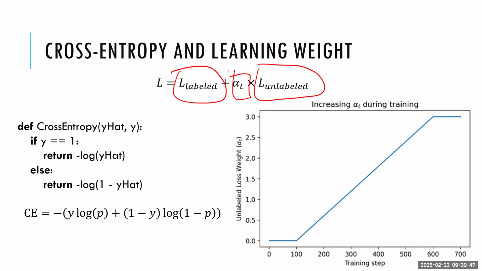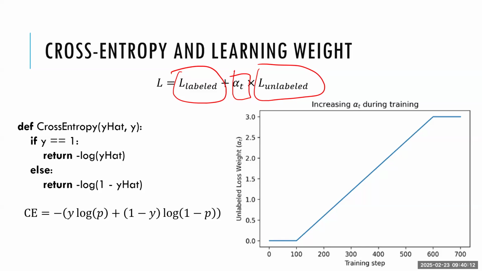We will introduce this weight, alpha. And notice it's not just alpha, it's alpha with a T subscript. So what does it mean by having the T subscript? It means that this alpha is not constant for the entire training process. This alpha is going to change over time.